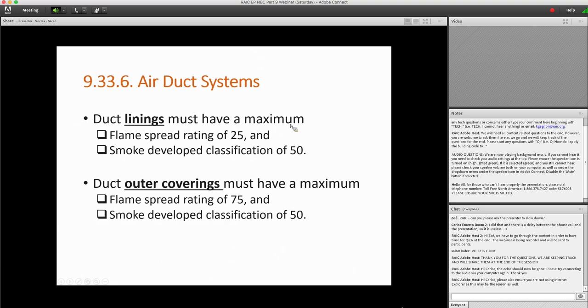Duct linings for air duct systems must have a maximum flame spread rating of 25 and an SDC, or smoke developed classification, of 50. Duct outer coverings must have a maximum flame spread rating of 75 and smoke developed of 50 maximum.